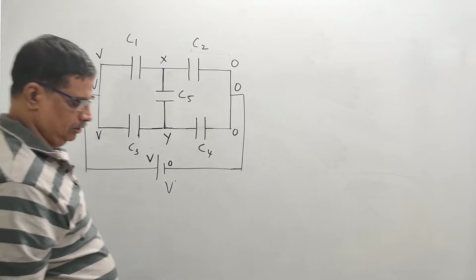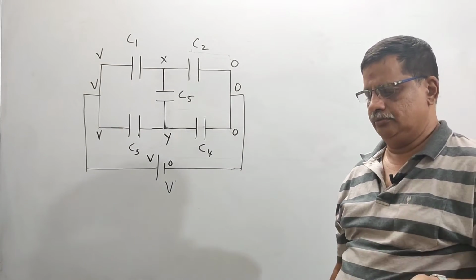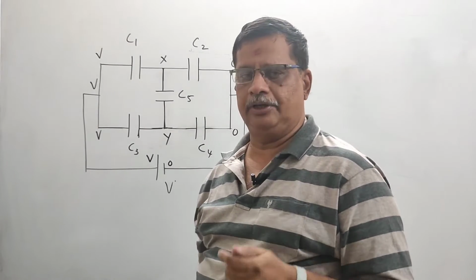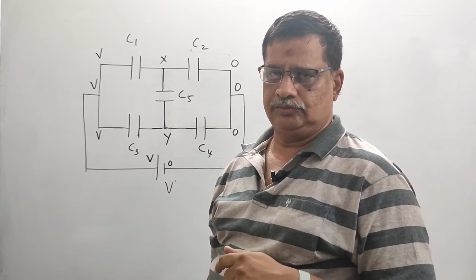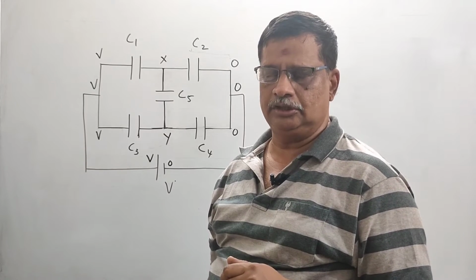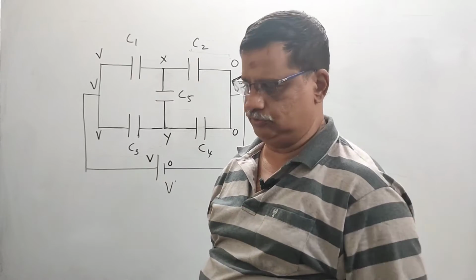Now, how to mark the charges on the capacitors? For that, we will use Kirchhoff's rule. Kirchhoff's rules can be applied in the case of capacitor circuits also, not only for circuits which contain resistors. You can apply the same Kirchhoff's rules for capacitor circuits also.